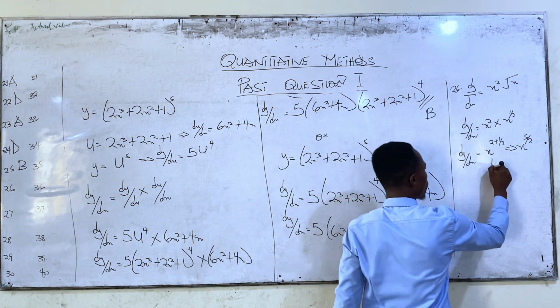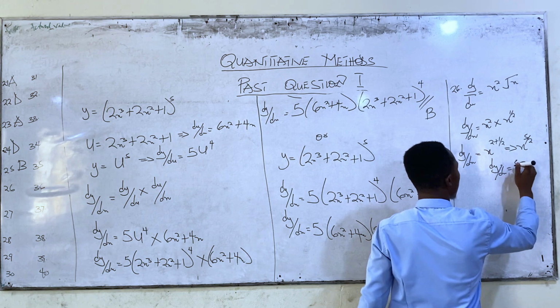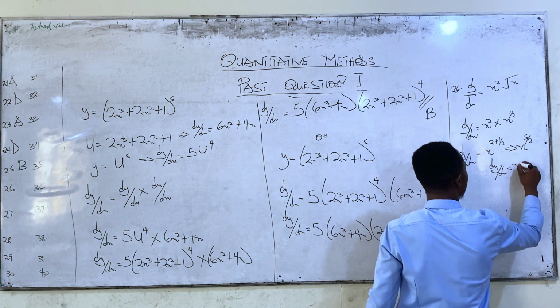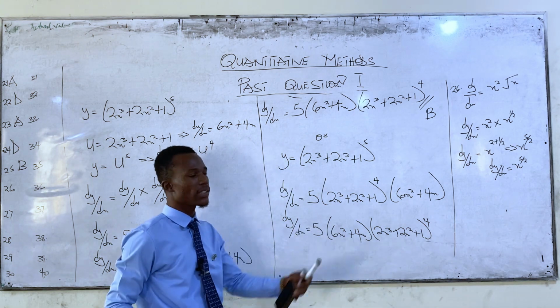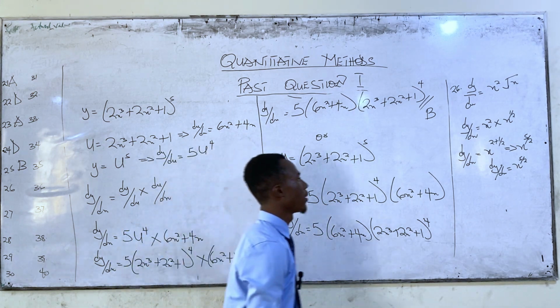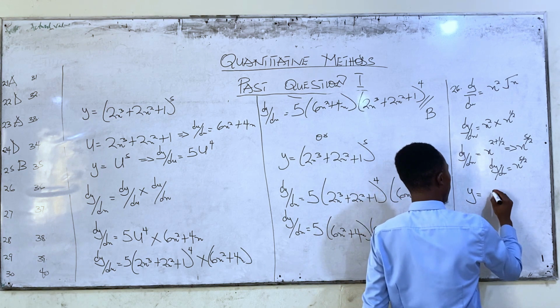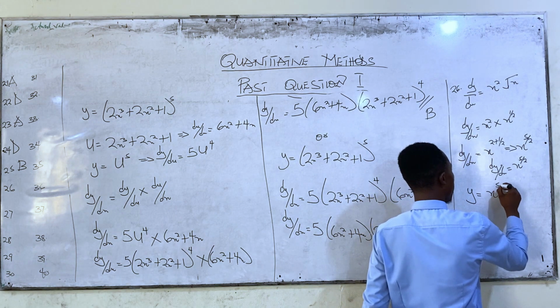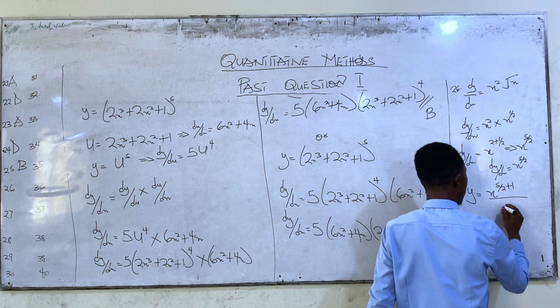Okay, dy/dx is equal to x exponent 5 on 2. So now we are to integrate this to get what? Our y. Okay, so when you integrate it to get y, it means x exponent 5 on 2 plus 1, because in integration you add 1 to the exponent.